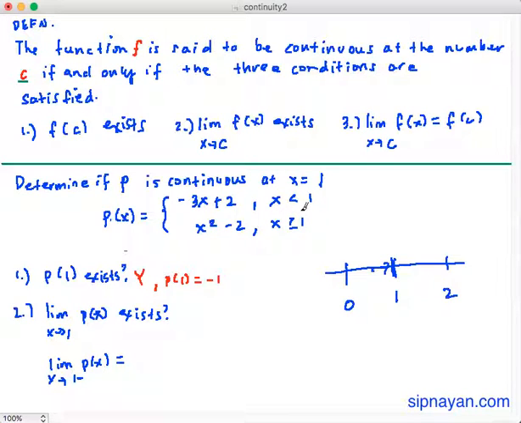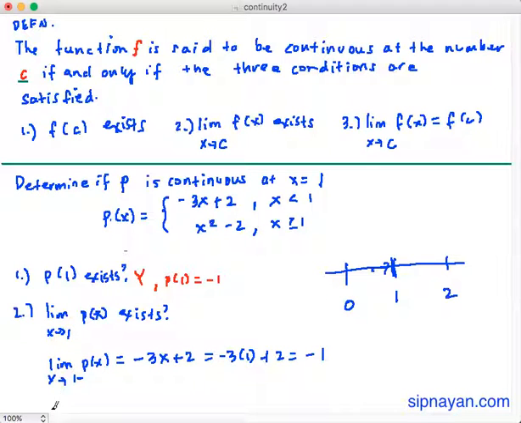If x is less than 1. So, ito yung gagamitin natin. So, meaning, we replace p of x with this expression. We have negative 3x plus 2. And we're looking for the value of the function at x equals 1. So, negative 3 times 1, 1 from the left, plus 2, which is equal to negative 1. Okay? Mukhang okay tayo sa from the left, meron tayong limit.